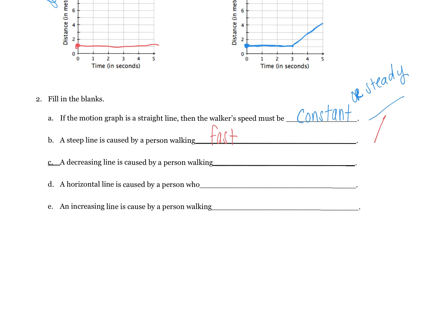Now, a decreasing line, so any decreasing line, whether it's slow, steep, or steady, no matter what, if our line was decreasing, this means that we were walking toward the sensor, right? We talked about this. Anytime our graph is decreasing, we are walking toward the sensor because we want to get closer to where the sensor is.